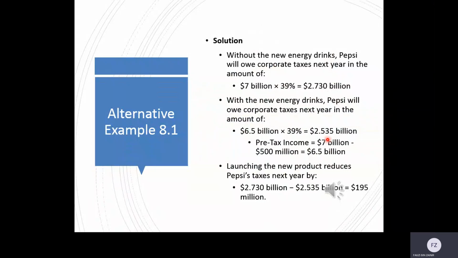So 6.5 billion times 39% is 2.535 billion. Therefore, launching the new product reduces Pepsi's taxes next year by 2.730 billion minus 2.535 billion, which is 195 million. So even though there are losses of 500 million, there is a tax saving of 195 million.